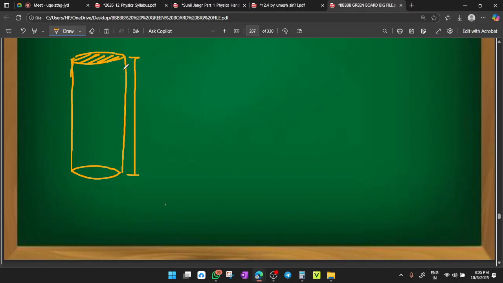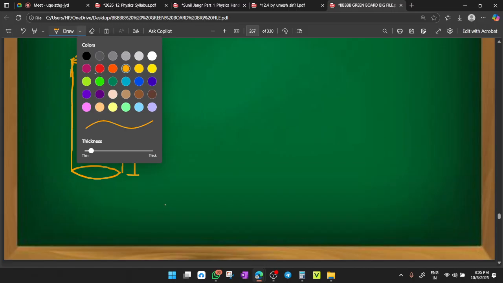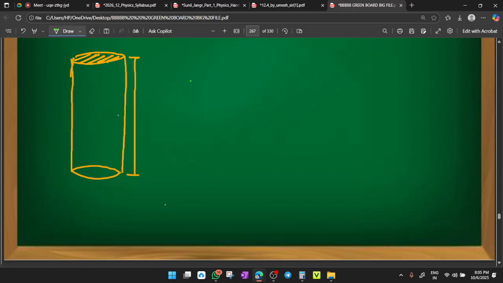So one question is there: a current is flowing through this circular cylindrical section, and you have to find the magnetic field intensity in three regions. First, consider this as the axis of the cylinder. You are given three points at which you have to find the magnetic field intensity using Ampere's circuital law. First, your point is outside this section, here.